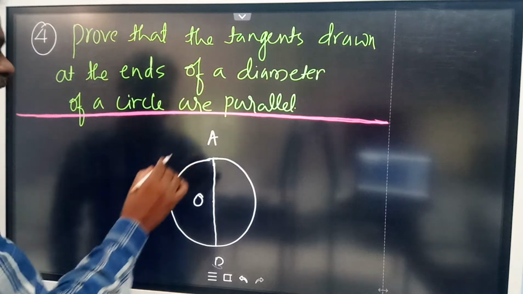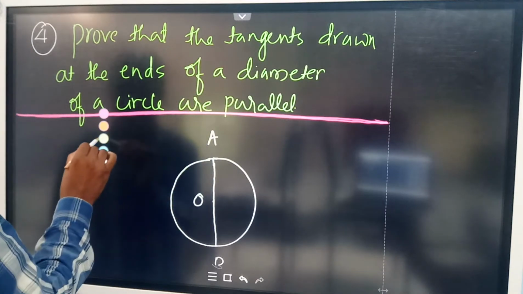Tangents drawn at the ends of a diameter. So you can draw two tangents to this circle.